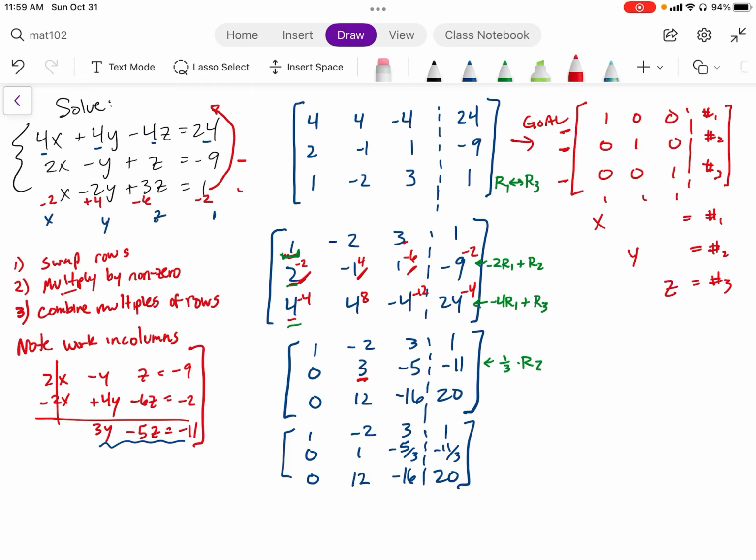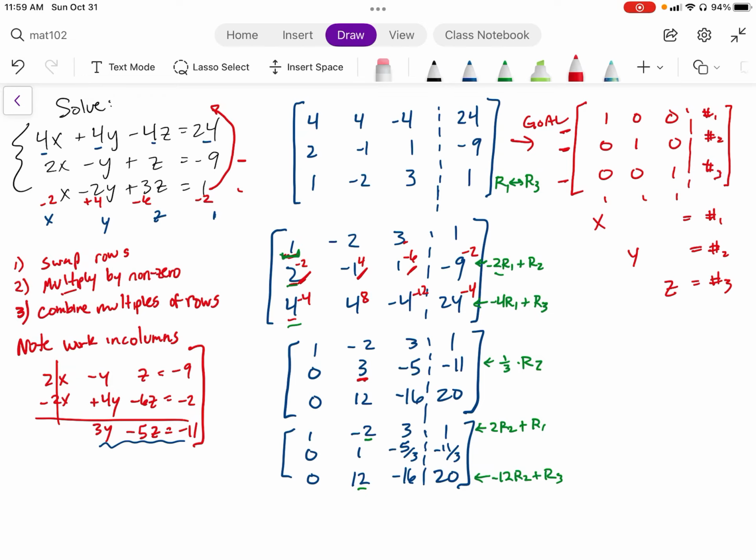Usually we're just taking the multiple of one of the rows and adding the other. So if I multiplied row 2 by 2 and added it to row 1, I would get a 0 here. If I multiplied negative 12 to row 2 and added it to row 3, I would get a 0 here. That's my goal.